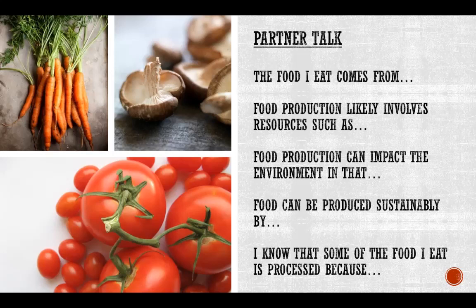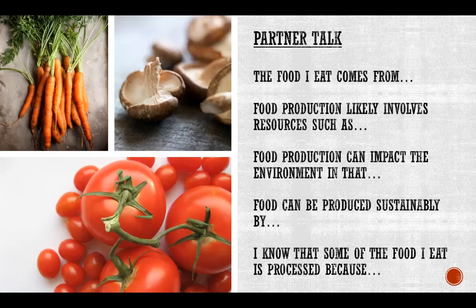Number four, food can be produced sustainably by doing what? What decisions can you make? Think about what we talked about last unit to make it more sustainable. We talked a little bit about this in terms of what decisions you can make. Eating local, we can talk about traveling in a more fuel economy car or driving less, carpooling if you're going to drive, these types of things.